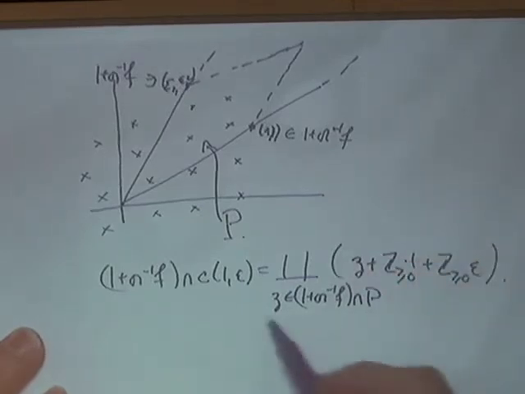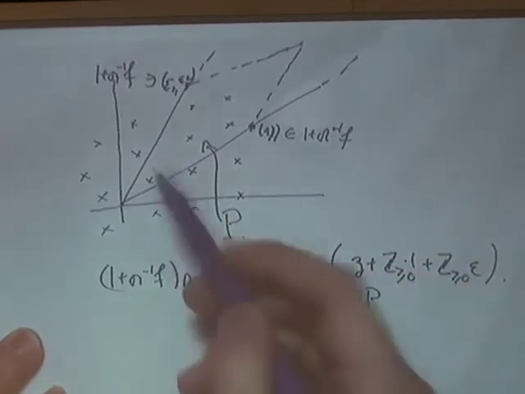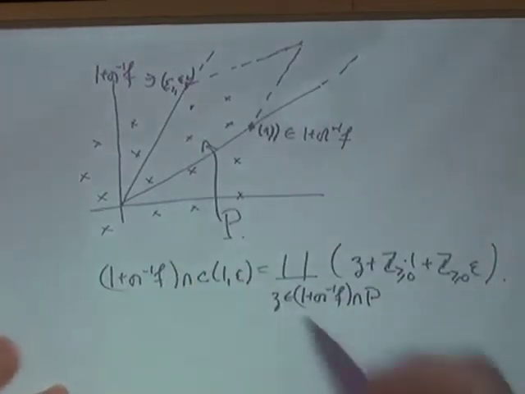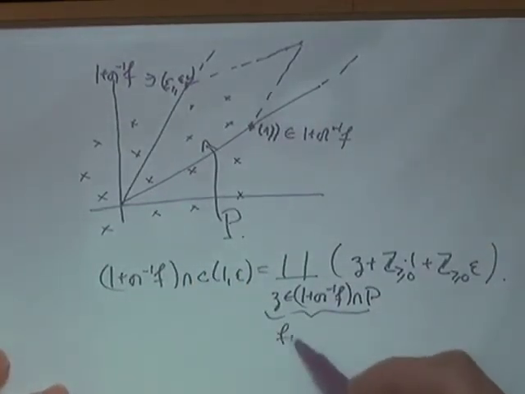And note that I have a discrete subset of a bounded set, so this is a finite disjoint union.